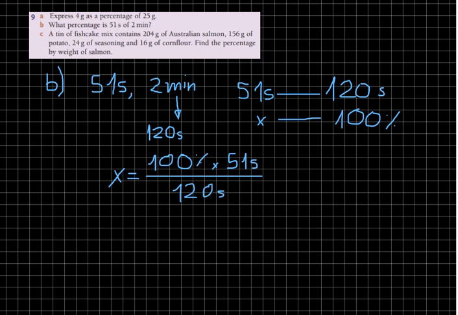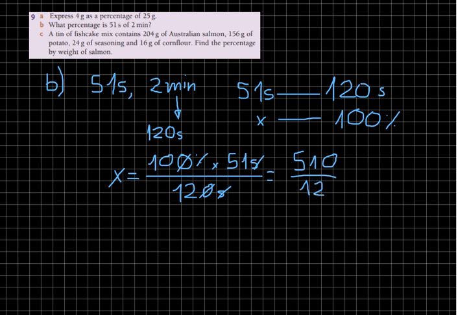Alright, here I can cancel both seconds from above and under. I can cancel 2 zeros. And then I can multiply 10 by 51, that is going to be 510, and that is going to be divided by 12.